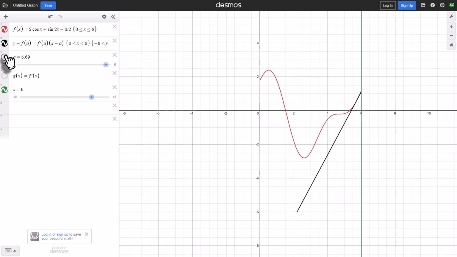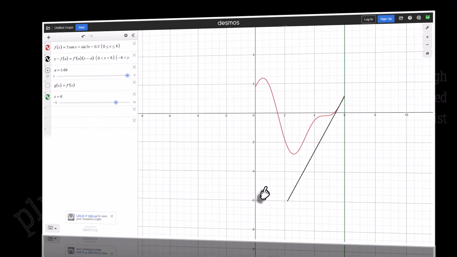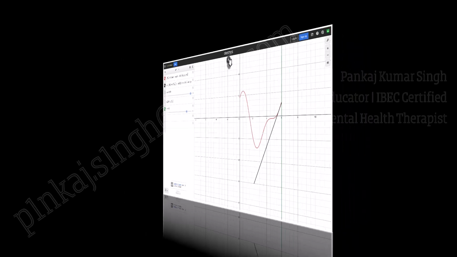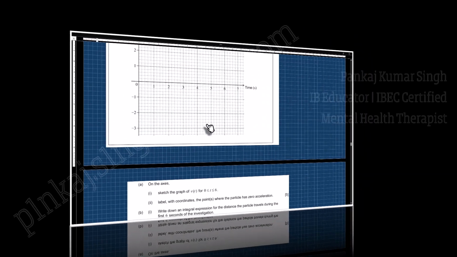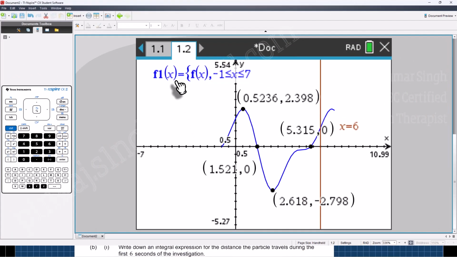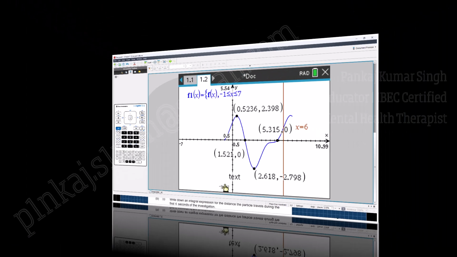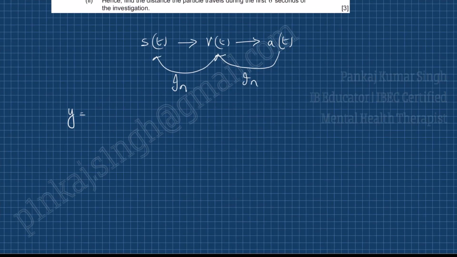All right, so now the question is, how do I use the calculator to get the points of inflection? I will take this equation and differentiate. I have y is equal to 2 cos x plus sine 2x minus 0.2.